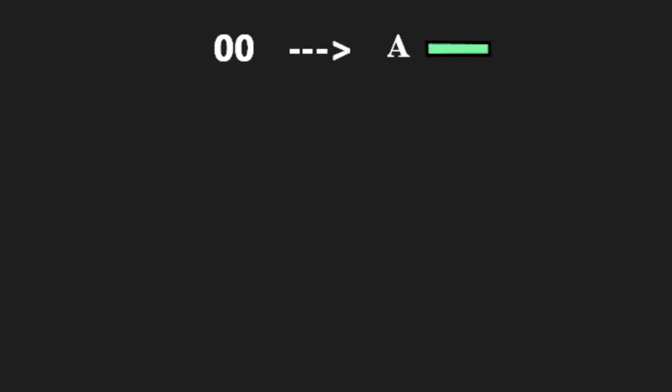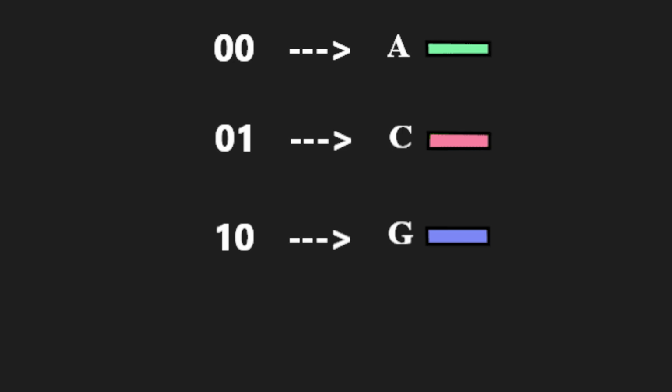One very simple way to bridge between binary code and DNA code is this. 00 equals, for example, A, 01 equals C, 10 equals G, and 11 equals T. So you take your file, turn it into a long binary string, then read it 2 bits at a time, then translate it into DNA code.